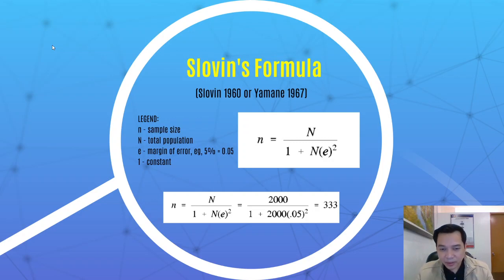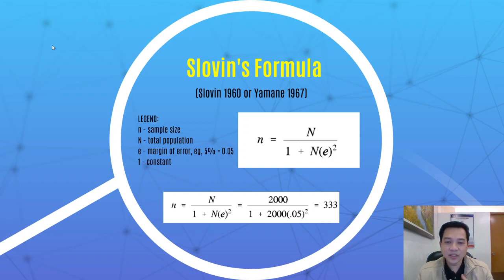Okay? So given here, the population, let's say 2,000, divided by 1 plus the population again, 2,000, multiplied by your margin of error, with 5%, it will be converted into decimal value. It becomes 0.05. So 0.05 squared, that will be equal to 332.